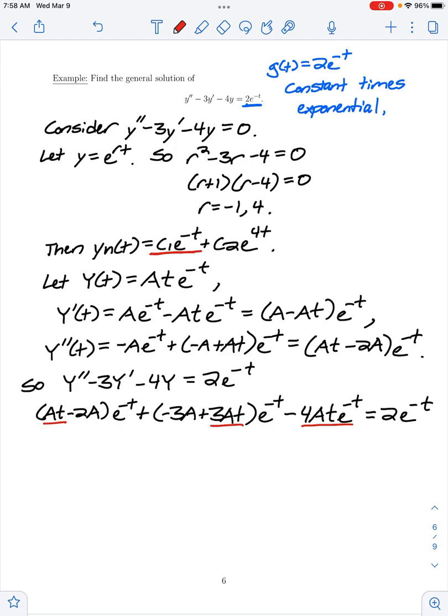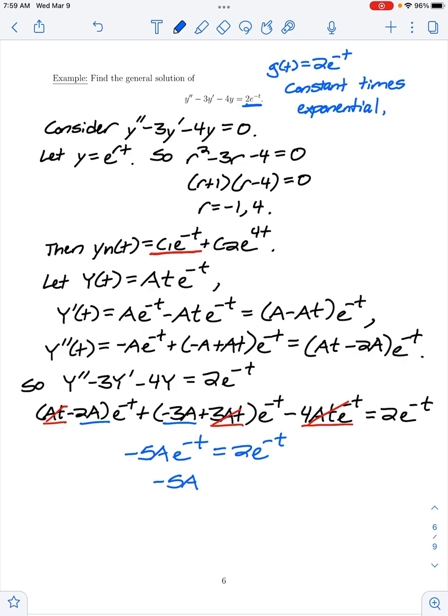So these terms will all cancel. And then grouping the terms just involving e to the negative t, we see that we get a total of negative 5a e to the negative t, which needs to equal 2e to the negative t.